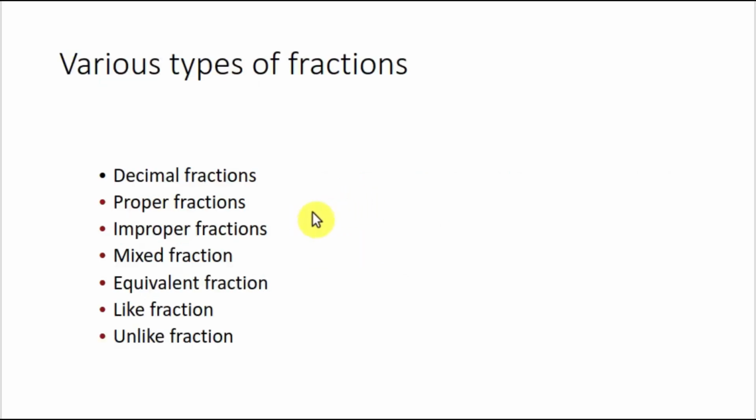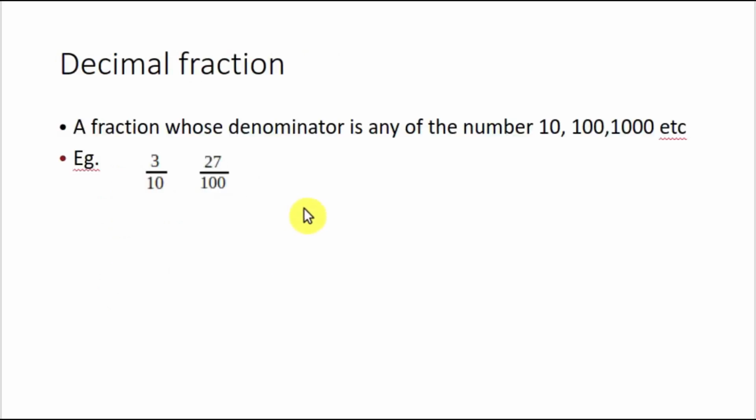Next, coming to various types of fractions. There are decimal fractions, proper fractions, improper fractions, mixed fractions, equivalent fractions, like fractions, unlike fractions. Let us see one by one. First, decimal fraction.